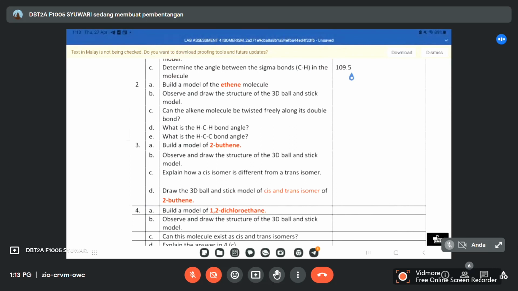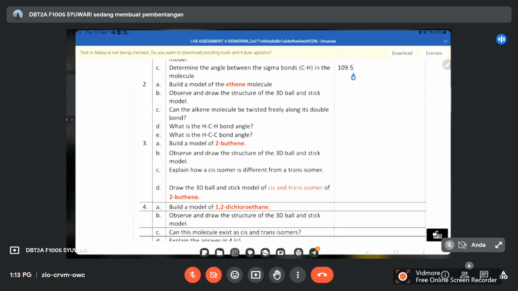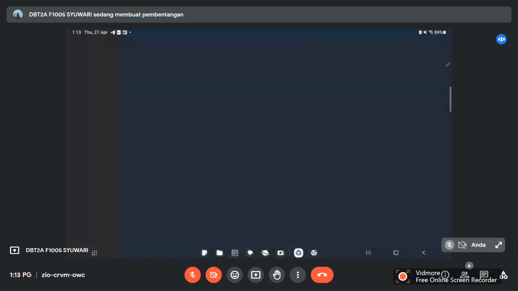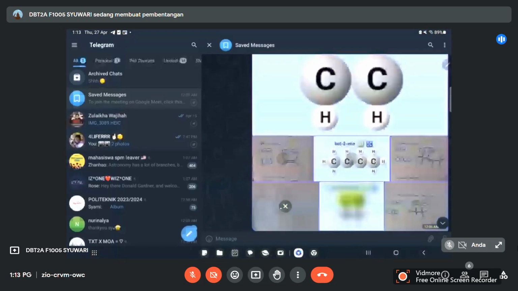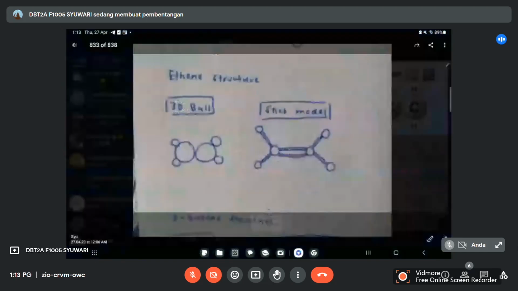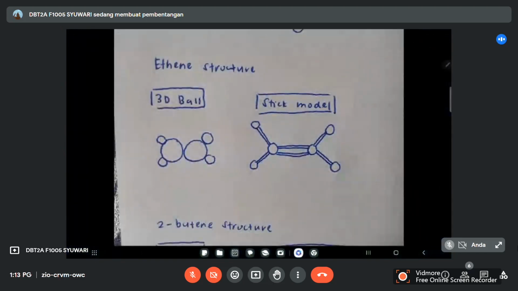We observed in the playground the structure of ethene that we made before. Okay, so the structure of ethene becomes like this. You can see the 3D ball structure and also the stick model structure.